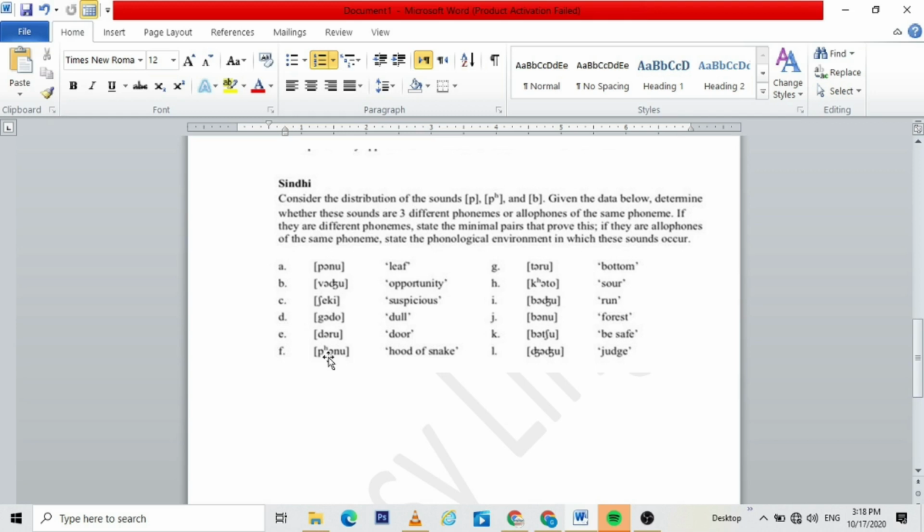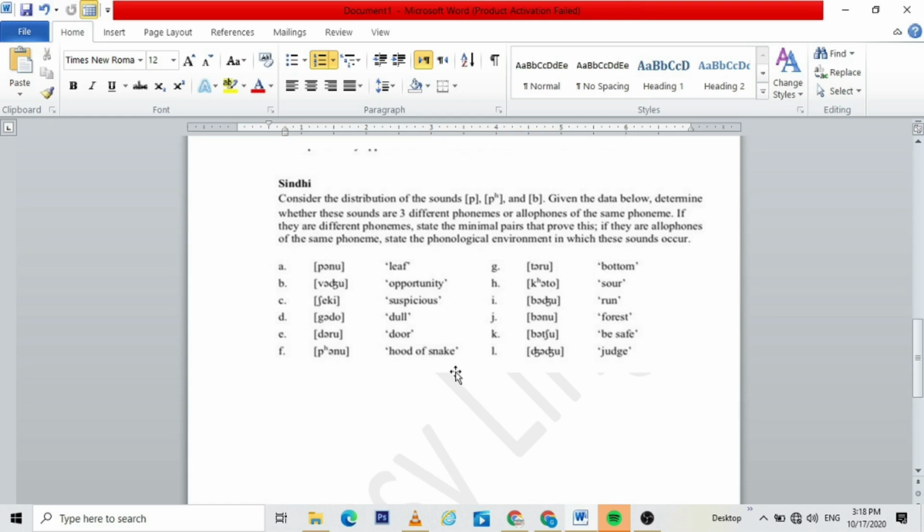Now we have to look for another minimal pair with a p or a b sound. Here it is. So this word, bino, and pino with aspirated p, and pino, they are all the same word. The only difference is in p and p aspirated and then b. And we have different meanings. So we have leaf, we have hood of snake, and then we have forest.